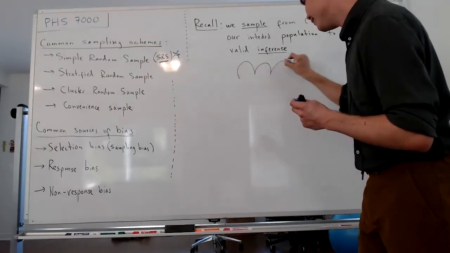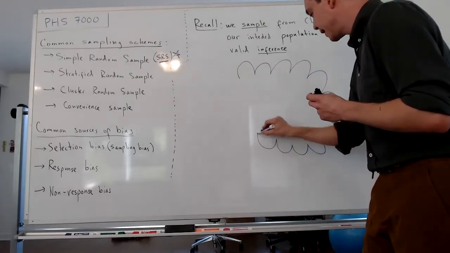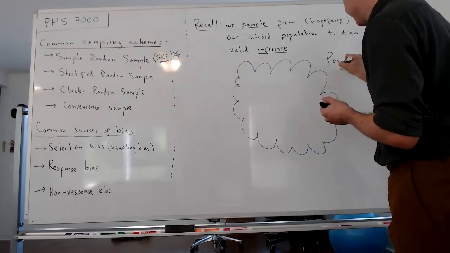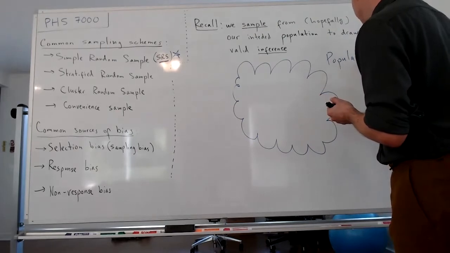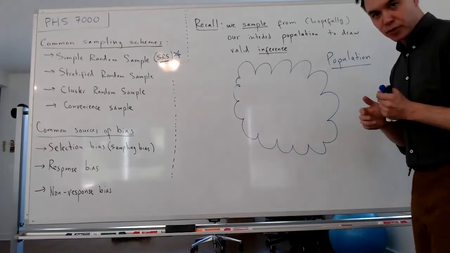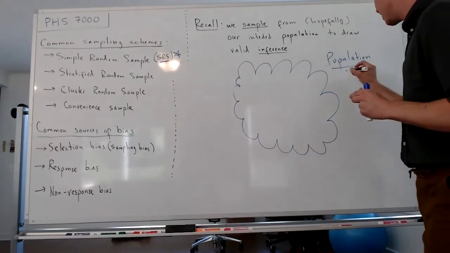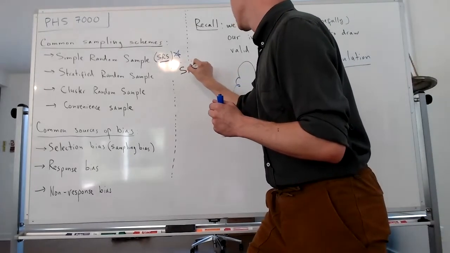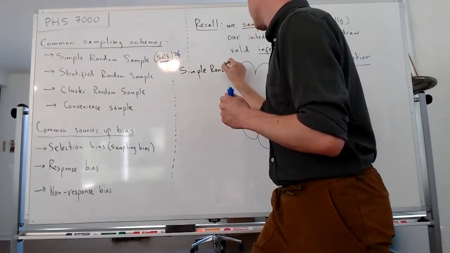So here is the nebulous population that we are trying to sample. Remember that in 99.9% of the cases, we cannot possibly reach every single subject in the population. And so this is the simple random sample.